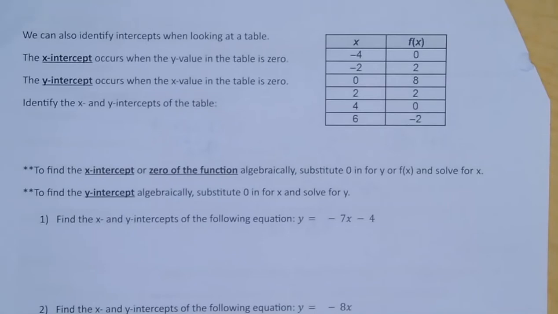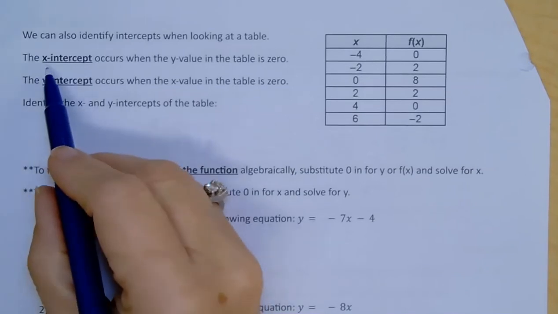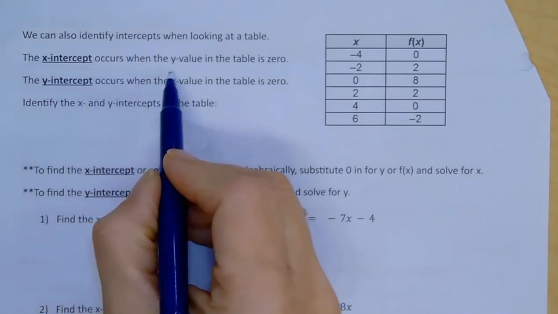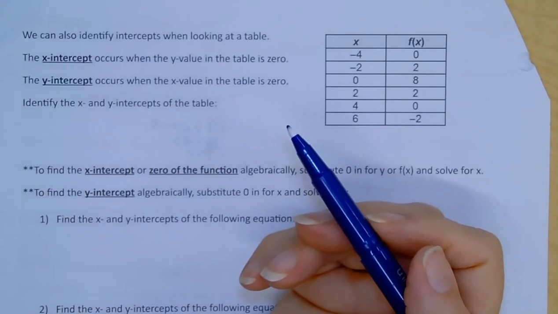So when we talked about function notation and evaluating functions, we evaluated functions algebraically, so plugging in values either for the input or the output. We also evaluated functions by looking at tables and then by looking at graphs. So we're going to find our x-intercept or y-intercept if we can by looking at a table. So right here, the x-intercept occurs when that y value in the table is 0.